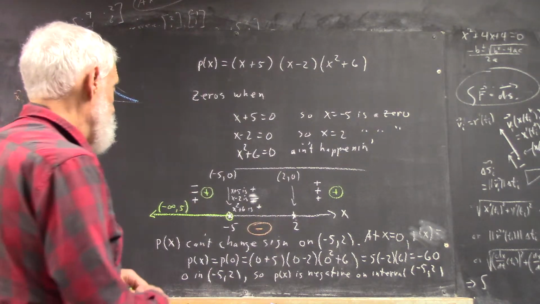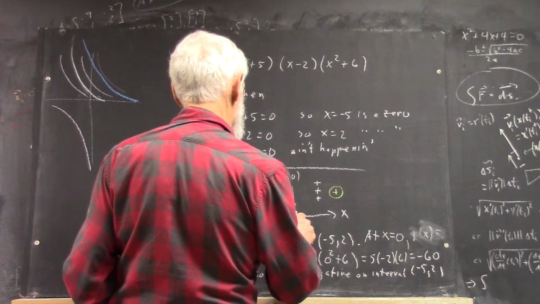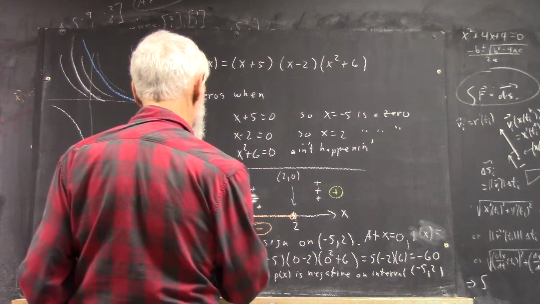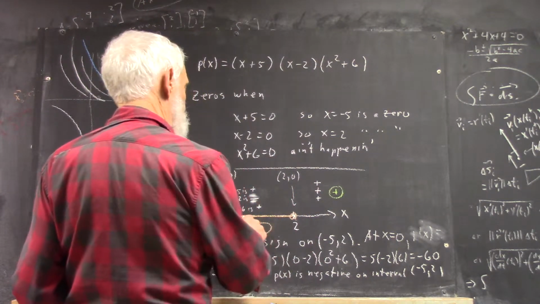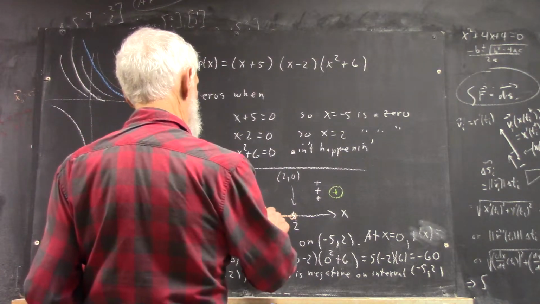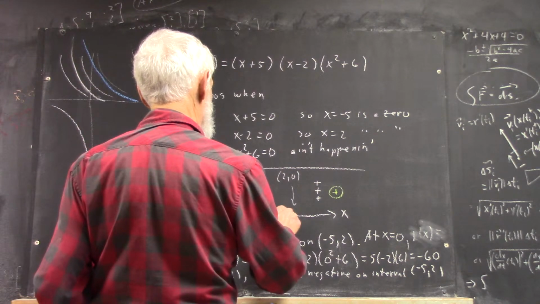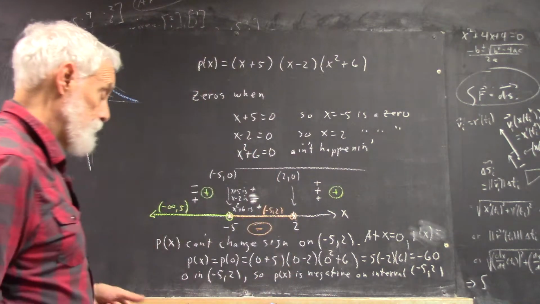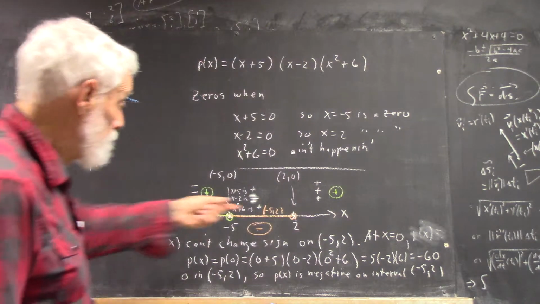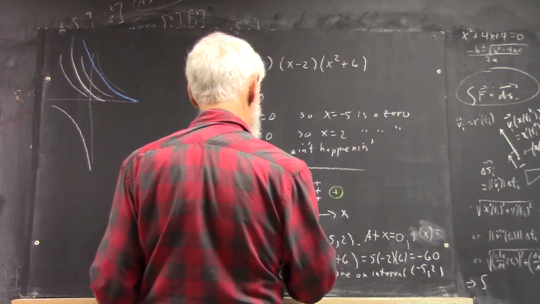Now on this interval from here to here, and it's an open interval, we've established that the function is negative. And of course, I've already written the interval, but this is the interval negative 5 to 2. And on this interval, it's back to positive, and that's the interval 2 to infinity.